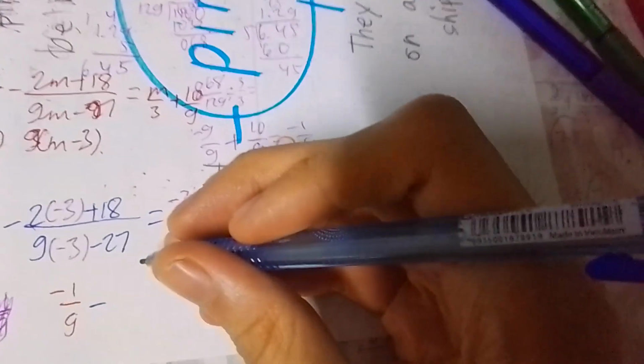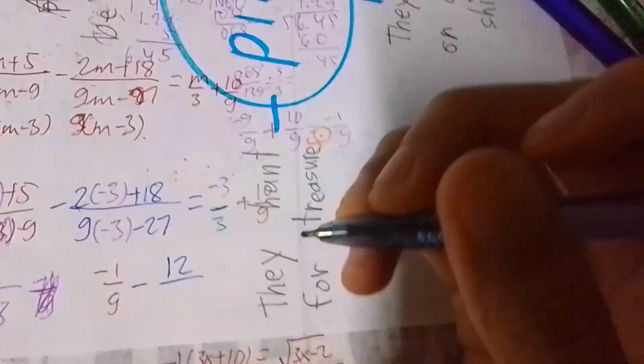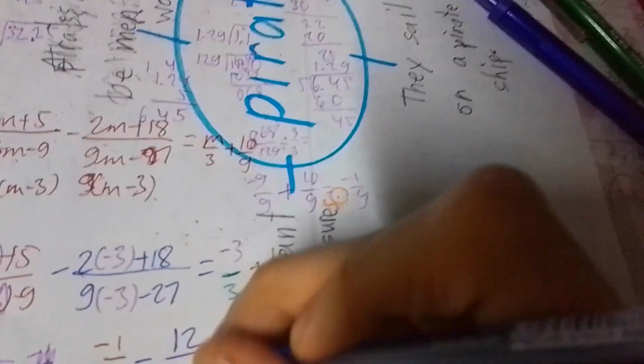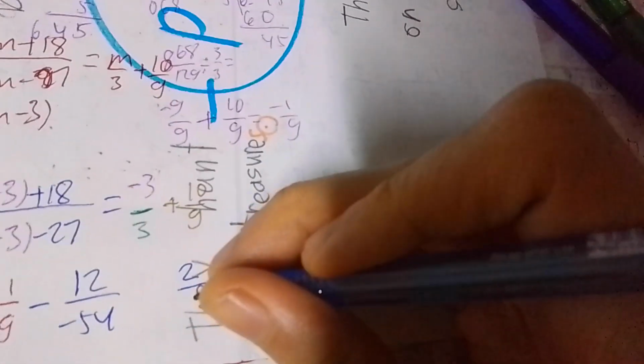Negative 6 plus 18, that's negative, ano yun? Positive 12. 9 times negative 3 equals negative 27. Negative 27 plus negative 27 equals negative 54. We can simplify the fraction. 12 over 54, that is the same as dividing both sides by 6. We get 2. 54 divided by 6 is 9, so 2 ninths.